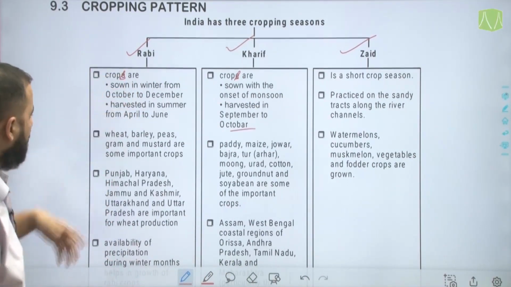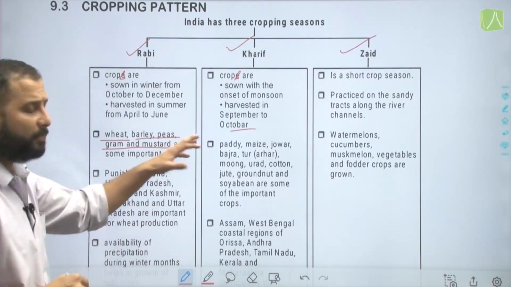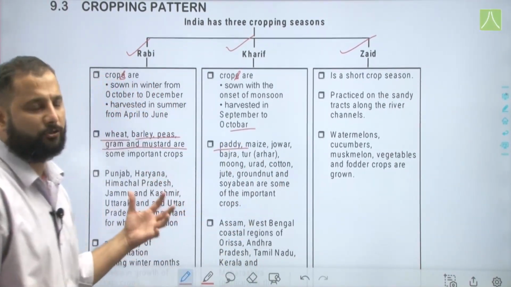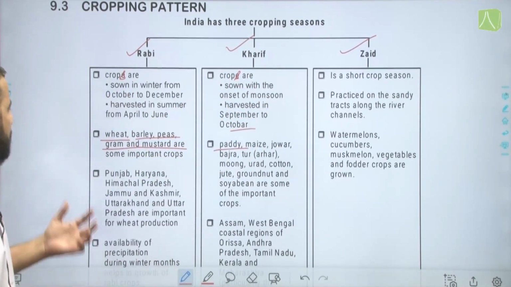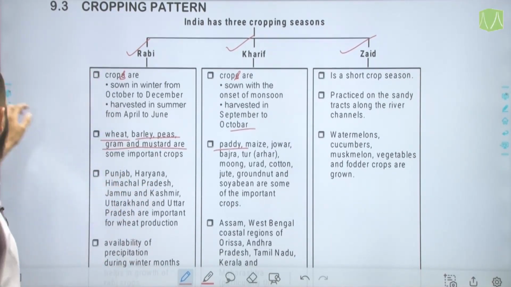In Rabi we have important crops like wheat, barley, peas, gram and mustard. In Kharif, we have paddy, that is rice, maize, jowar, bajra, tuar and other crops. In Zaid, we have watermelon, cucumber, muskmelon, vegetables and other fodder crops. Rabi is grown in Punjab and Haryana and different states, and Kharif in Assam and coastal regions.